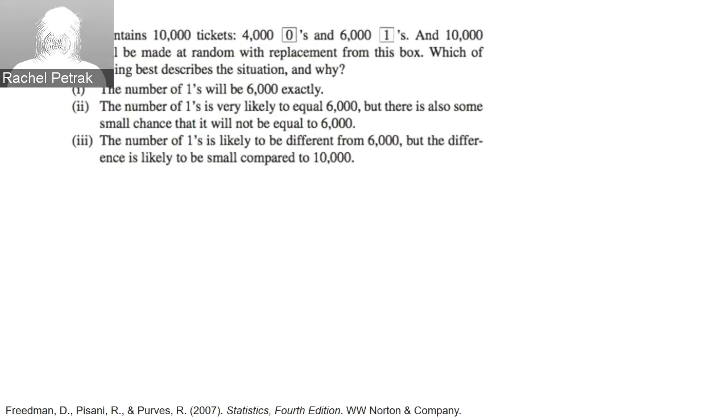So let's see. We know that the number of ones will not be 6,000 exactly. Everybody realizes that. Of course it won't be. The number of ones is not very likely to equal 6,000.